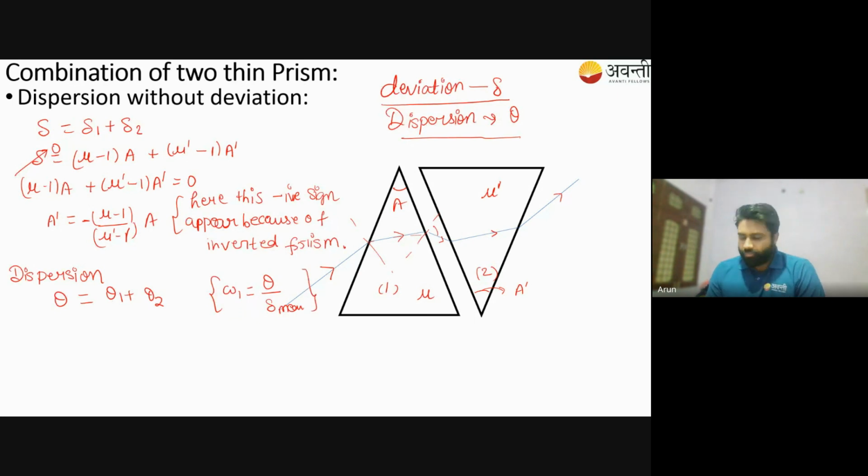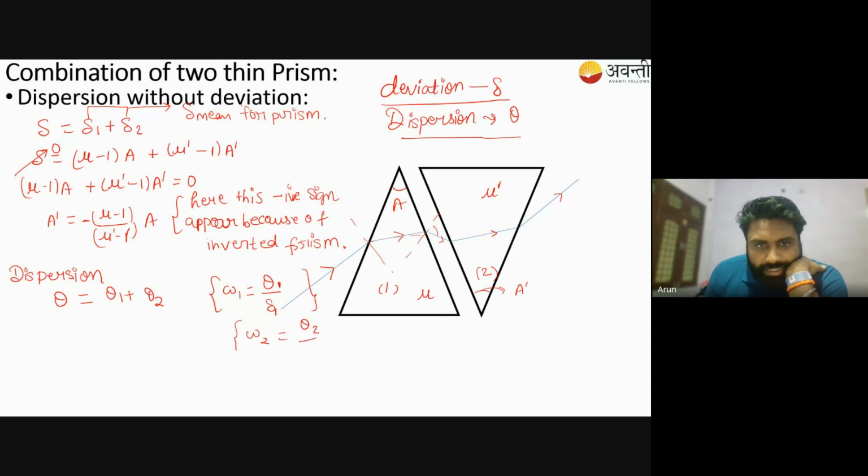So we can write from here, because the deviations that we are considering here, del 1 and del 2, are the mean deviations for the prisms. So we can consider omega 1 as theta 1 by del 1, instead of writing mean I am writing it as del 1, and for omega 2 it is theta 2 by del 2.